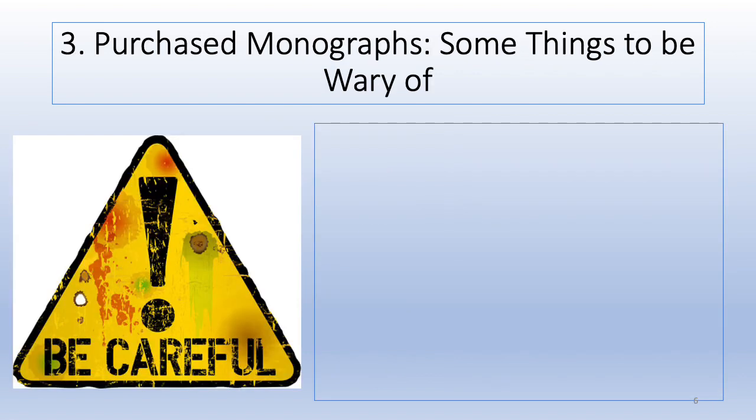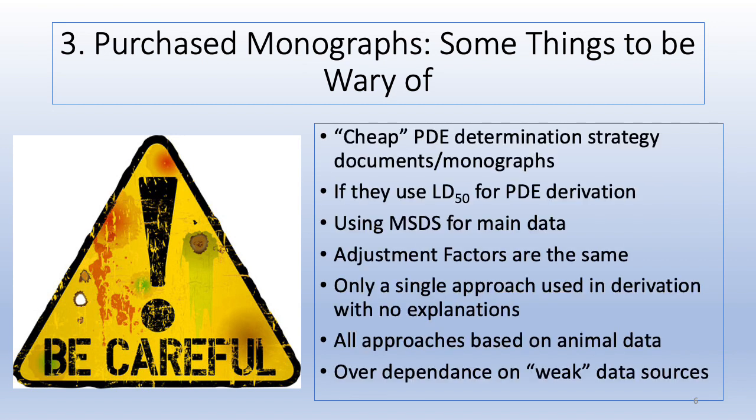A third thing that I want to talk about, I just want to give you some tips, some things just to be careful of, some red flags to look out for. Be careful of cheap PDE determination strategy documents or monographs, because out there, I am aware that there are some which are ridiculously cheap. The amount of time that it takes to derive these monographs is quite significant.